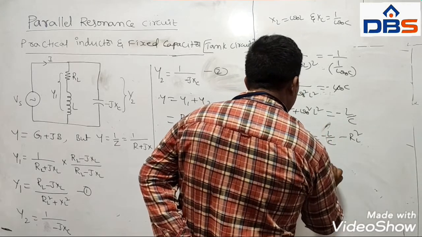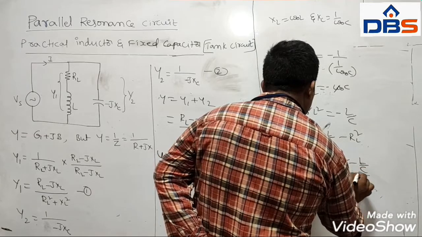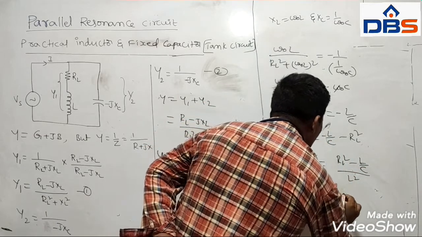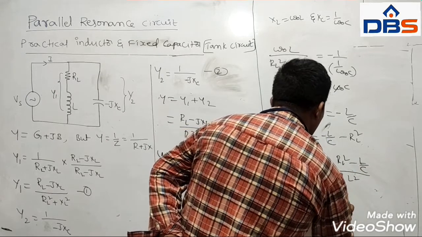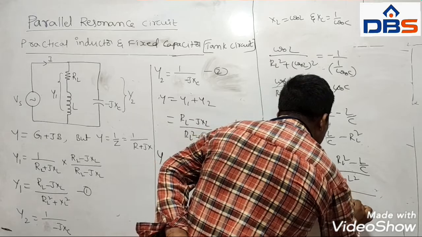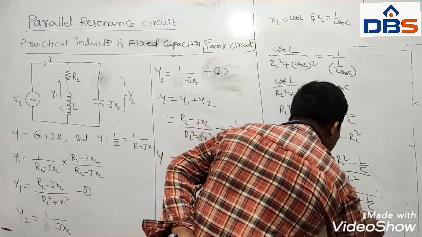So omega naught square equals (RL square minus L by C) by L square. So omega naught equals the square root of (RL square minus L by C) by L square.